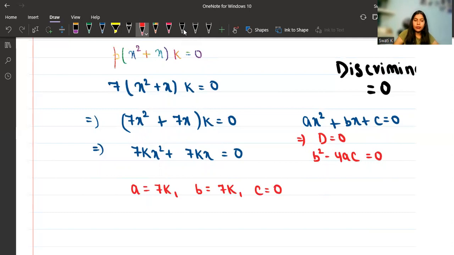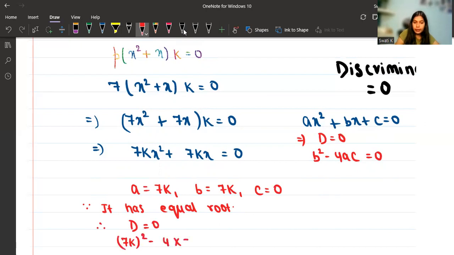Now let's use the formula. Since it has equal roots, this particular quadratic equation, therefore its discriminant is going to be 0. That means d is equal to 0. And what is d? It's b square, that means 7k whole square minus 4ac, that means 4 into 7k into c, which is 0, equals 0.